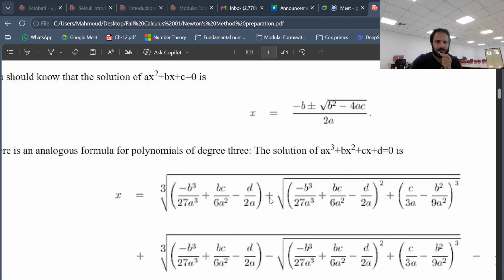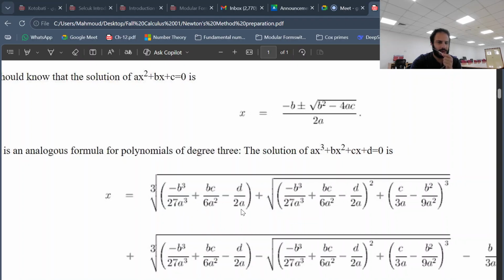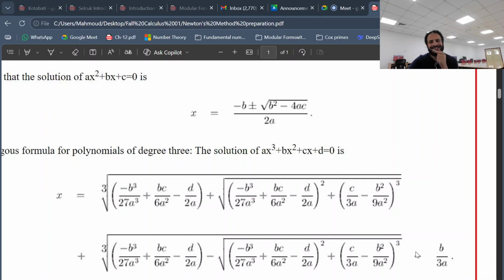See, this one for the cubic. Would you like to use such a formula? You also have to evaluate cube roots. Yes, that's another big problem. That's the reason it's useless.